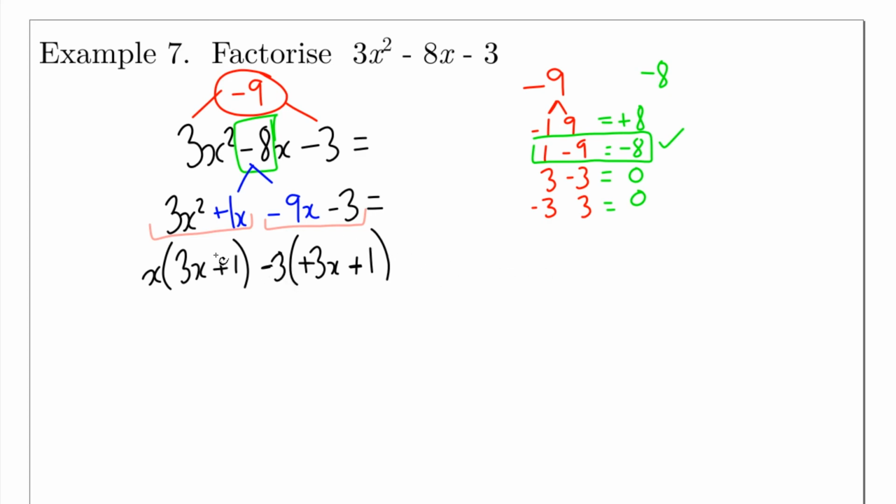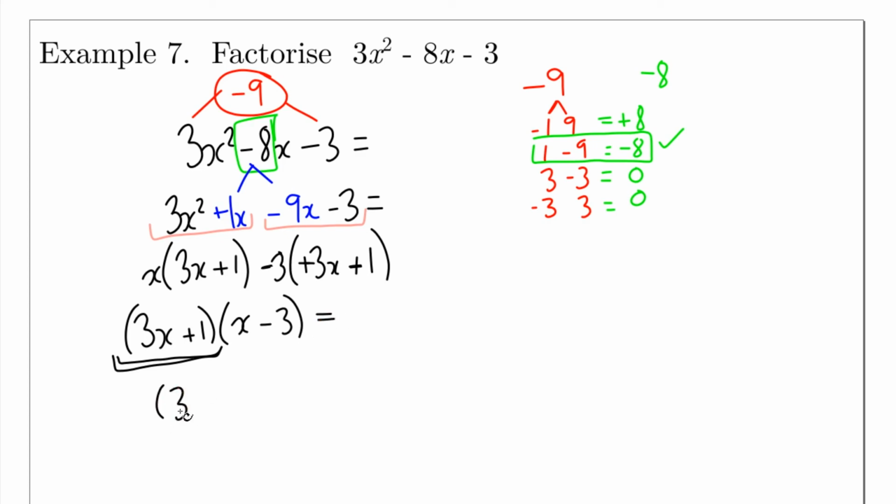So then the last step is to factorize this bracket, 3x plus 1 and 3x plus 1 from both sides. So I can write the answer as 3x plus 1, and then the remaining terms here, x and minus 3, because x multiplied by this bracket gives me that, and minus 3 multiplied by this bracket gives me this term.